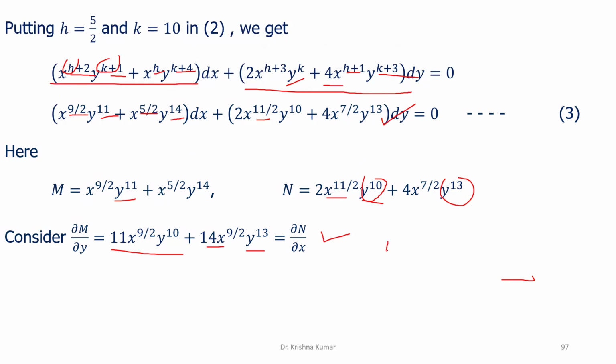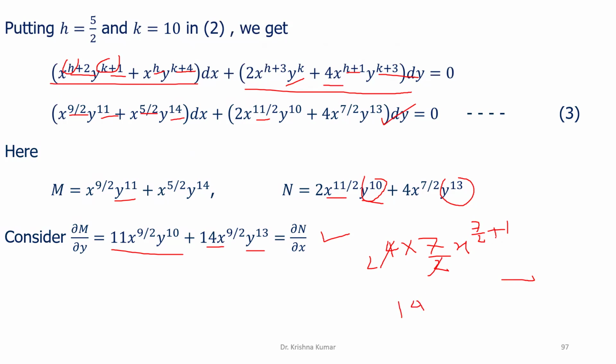So 4 into 7/2, x to the power 7/2 minus 1. So this is plus 1. So 14... sorry, it is 9/2.